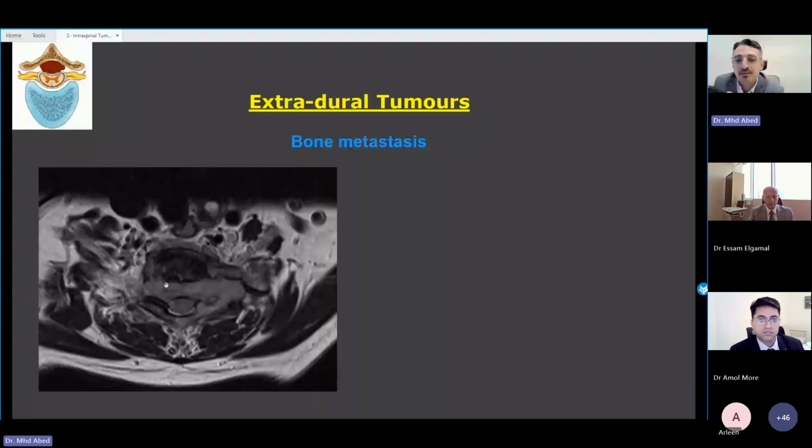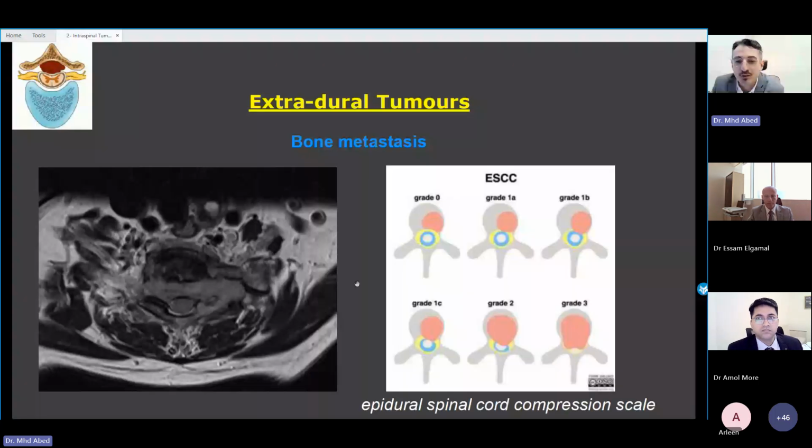Here there is this classification. It is usually used by radiologists to talk about the degree of spinal cord compression or narrowing of the spinal canal. It's called the epidural spinal cord compression scale. There are multiple grades according to the abutment of the epidural fat, of the CSF, for example, here.